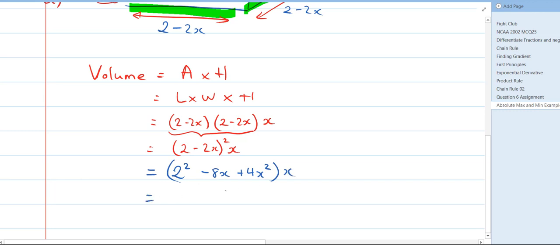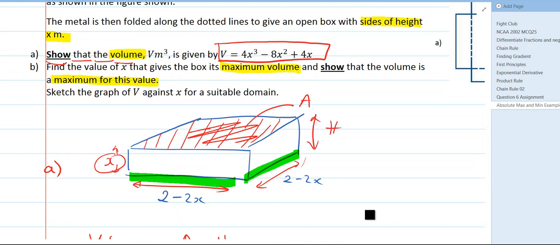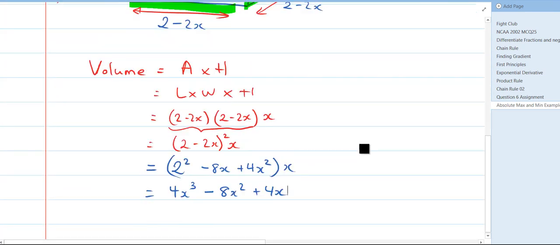If you expand the brackets again, that now gives you 4x cubed minus 8x squared, and the 2 squared is 4, so that's plus 4x, which is proven. Okay, so 4x cubed minus 8x squared plus 4x. There we go. I've proven that the volume is equal to blah.